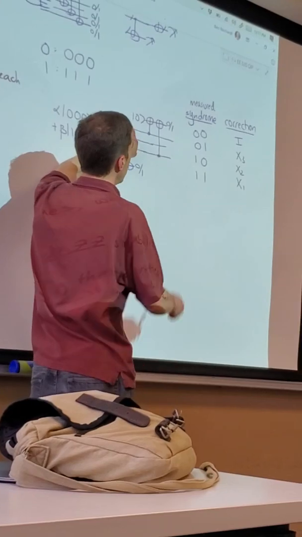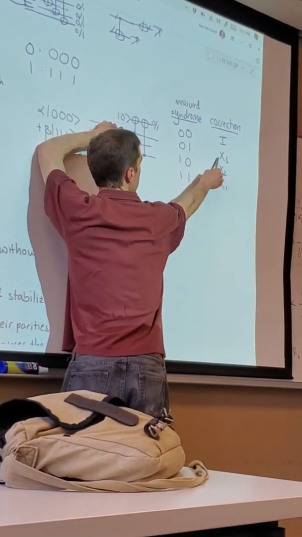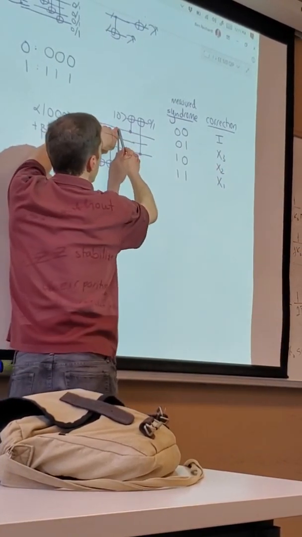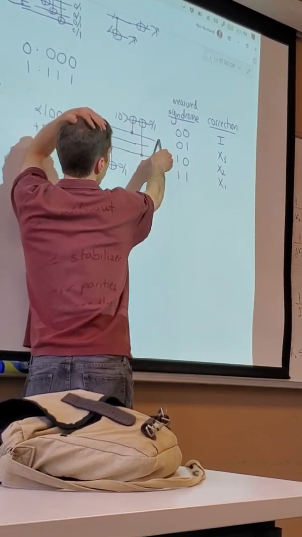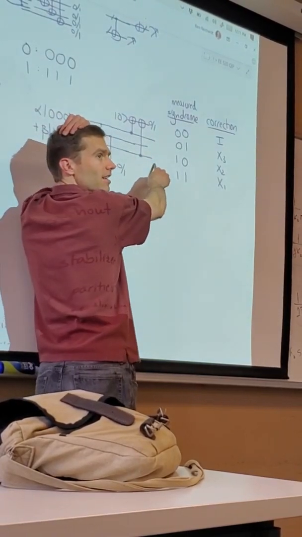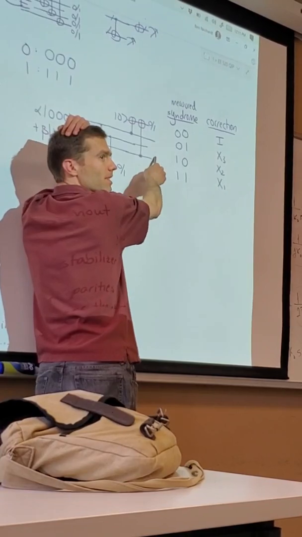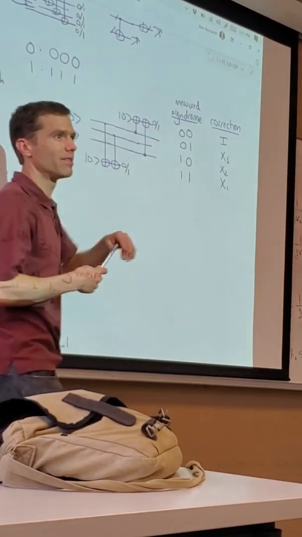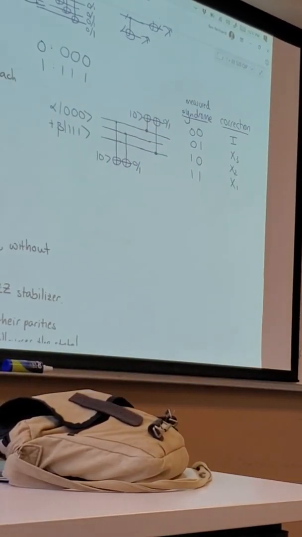So you measure 0, 1, and you apply correction X3. With the X error on qubit 1, I apply X3, so now I have X1 X3, which is a logical error up to X2. It's a weight 2 error from a single fault, so that's bad.